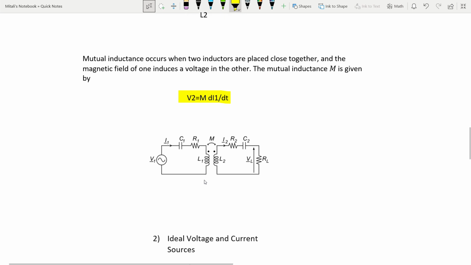This principle is used in transformers, where energy is transferred between circuits through a shared magnetic field. In this way, I1 is the current flowing through L1 and I2 is the current flowing through L2.